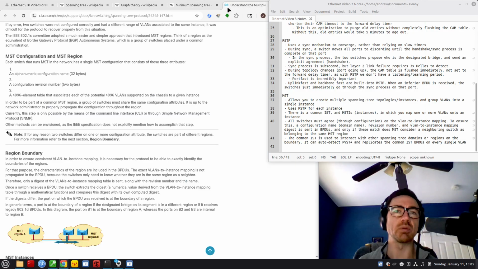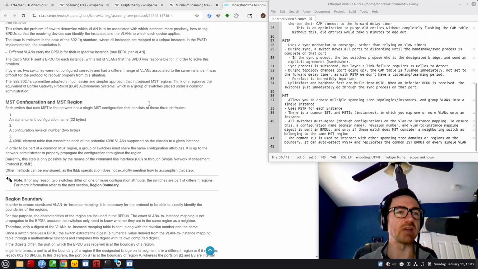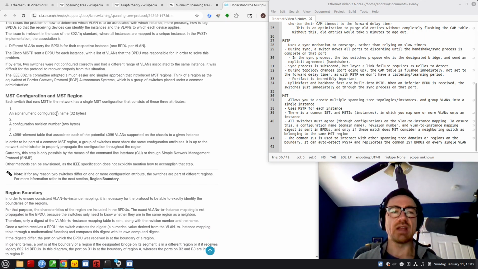We can actually go to this article which has this. They have to have the same configuration name, which is kind of like the domain name for this MST region. They have to have the same configuration revision number, just some arbitrary number. And then they have to have the same VLAN to instance mapping digest. This is just a way to communicate whether switches have the same VLAN to instance mapping database.